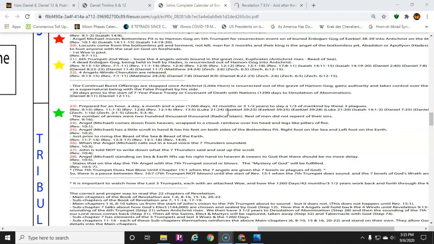At the beginning of the 1260 days, there's another thing that we can show through biblical verse that will happen. Once that 1260 days happens and the signing of the covenant of death occurs with the nations, and we start into the 1260 days, the 42 months or 3.5 years, we will see the two witnesses appear and start to prophesy for 1260 days.